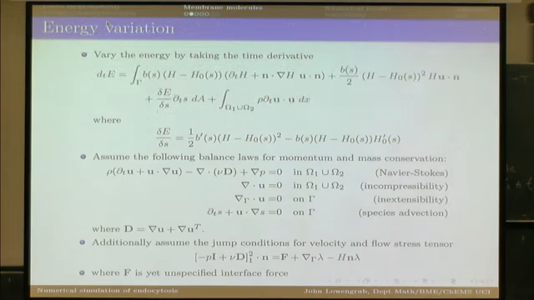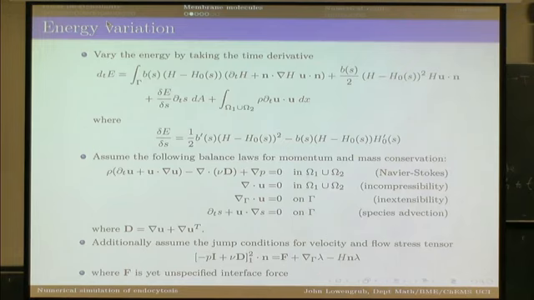Okay, now you can go through the same formalism to derive the equation. You can do it using variational calculus to figure out what the singular force is. Here I'm writing it as a jump: the jump in normal stress should be a singular force.